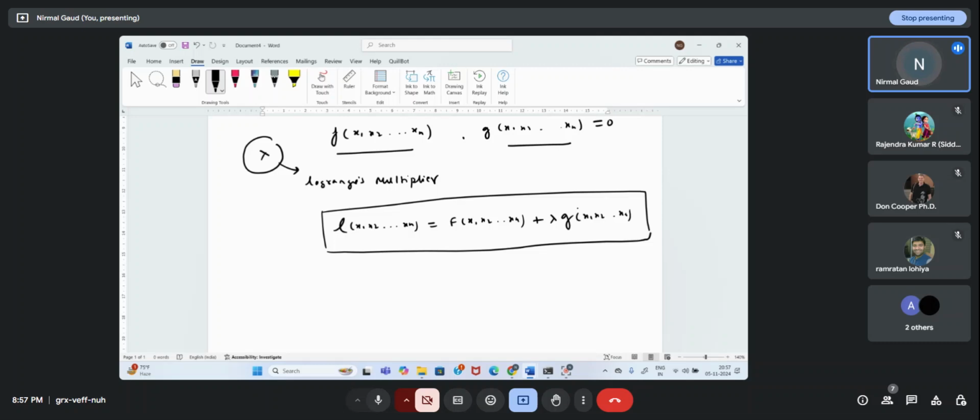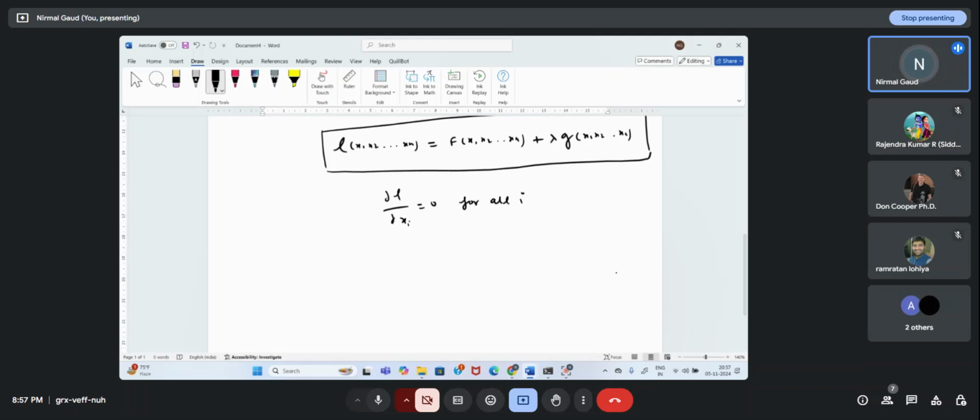So here we have to perform del L by del xi equal to 0 for all i, and del L by del lambda is equal to g of x1, x2, up to xn. This is equal to 0.